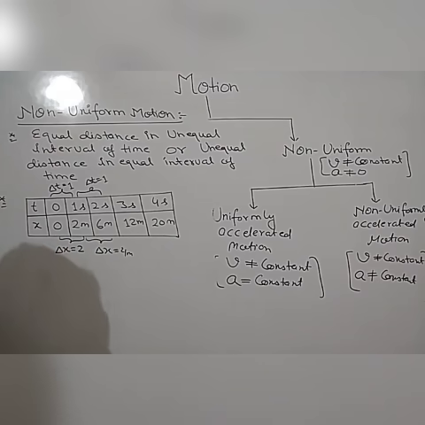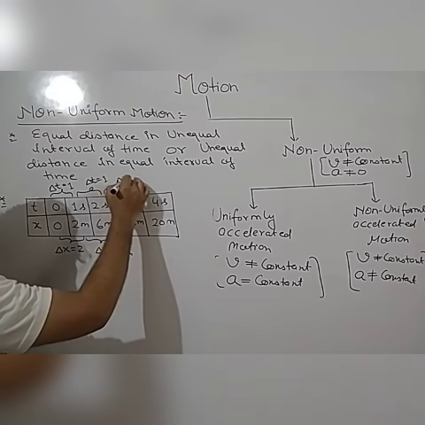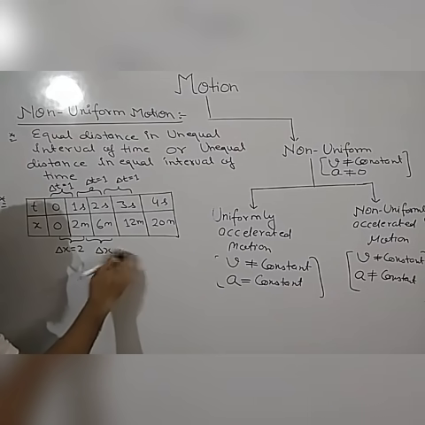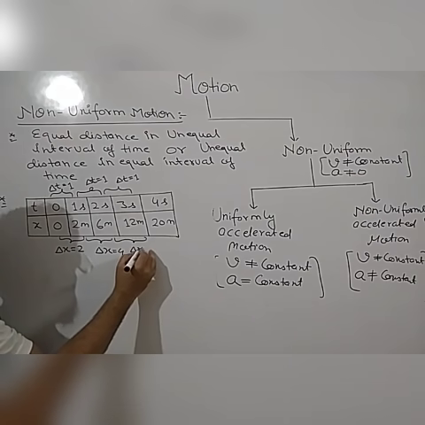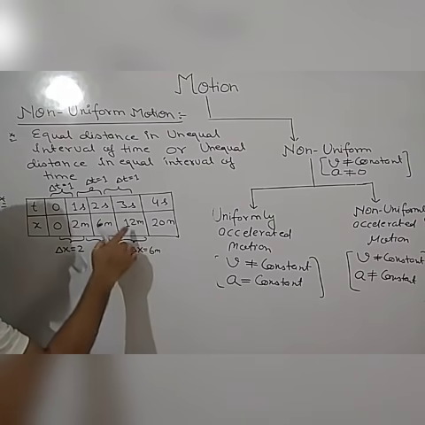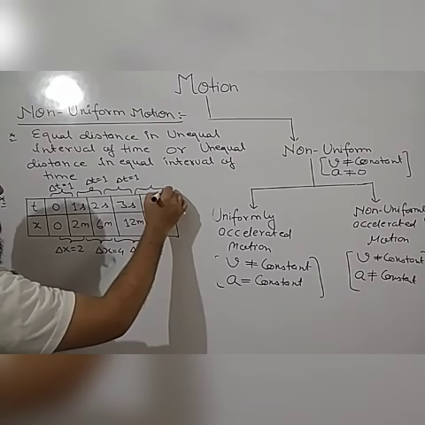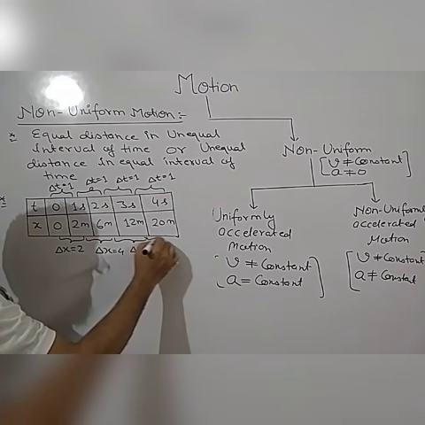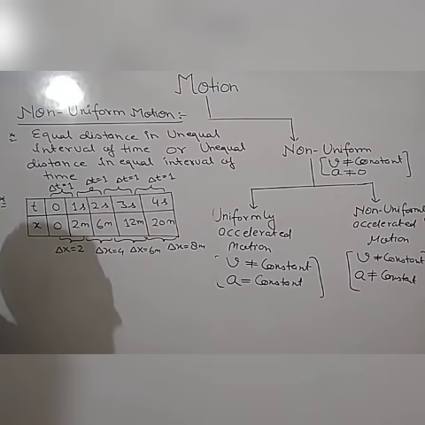Now again for 2 to 3 second, delta t is again 1 second, but for 6 to 12, delta x is 6 meter. Now again for 3 to 4 second, delta t is equal to 1, and for 12 to 20, delta x is equal to 8 meter.